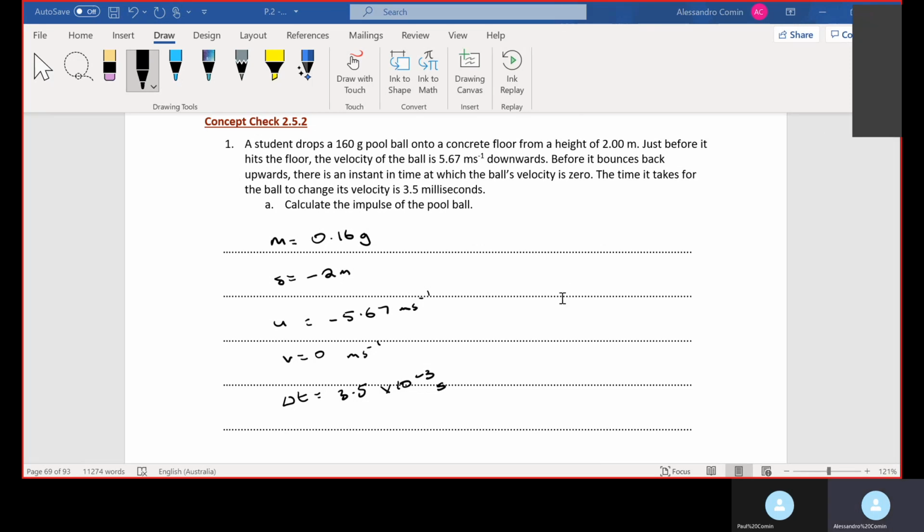All right. Calculate the impulse of the pool ball. Now, what I was looking for in this question is, are there two ways that we can do this? Can we count this through both equivalent ways? And the only way that I can really see this occurring is I is equal to m delta v, where m is 0.16.